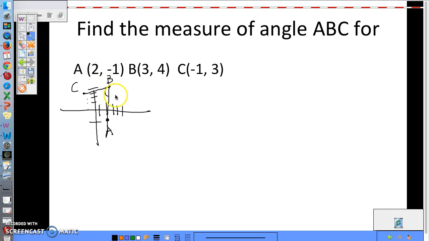So let's see, B to C. That would be negative 4. 4 to 3 is down 1. So B to C is negative 4, negative 1. So if we square those, negative 4 squared plus negative 1 squared, this is the square root of 17.